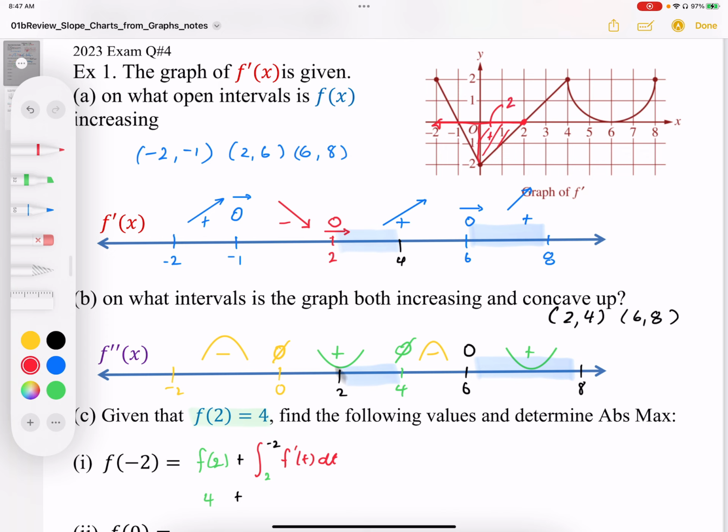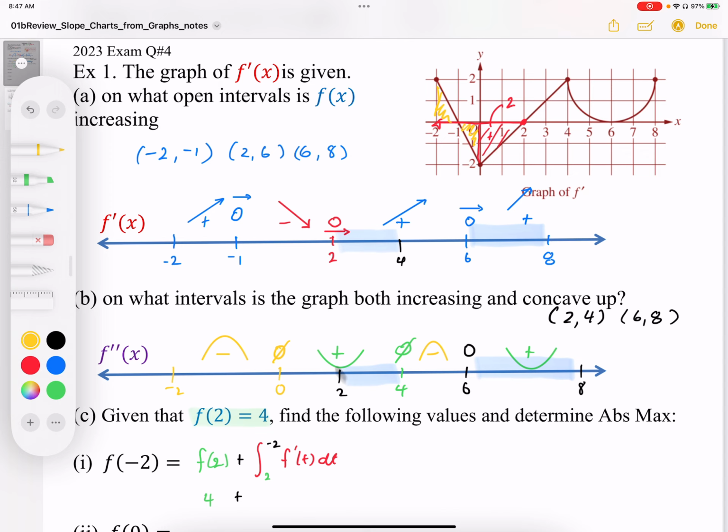Now, it's important to note that we could calculate this area and this area as well to get all the way to negative 2. But since those areas are symmetrical, I'm just going to count that as 0. And the net area is going to be positive 2. So it's positive only because it's going right to left and it's below the x-axis.